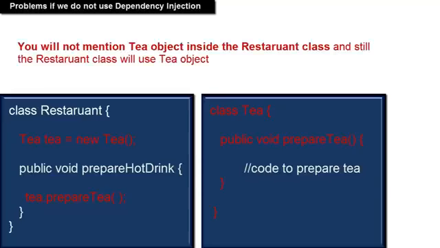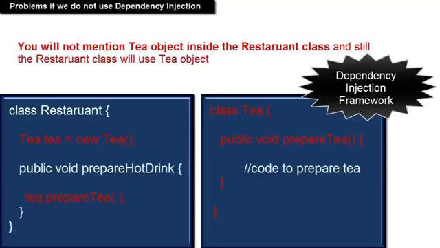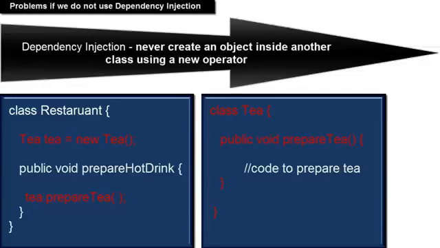You will not mention Tea object inside the restaurant class and still the restaurant class will use Tea object to prepare tea. And the framework which helps you in making this possible is the dependency injection framework. It says never create an object inside another Java class using a new operator.